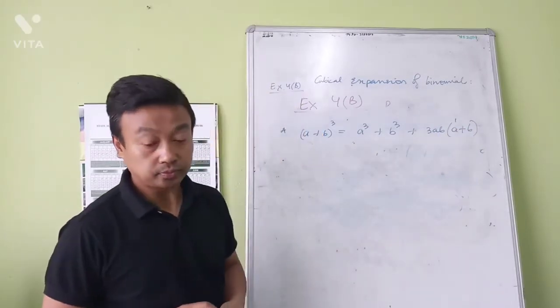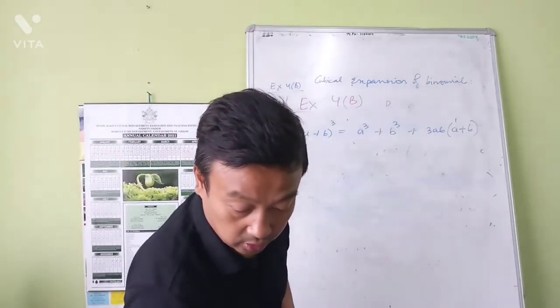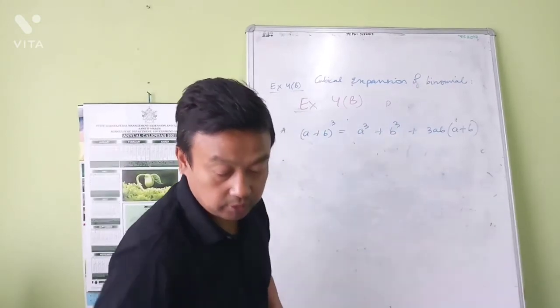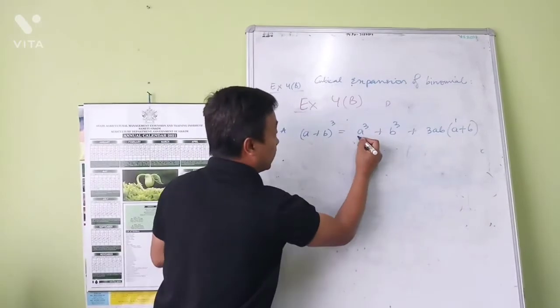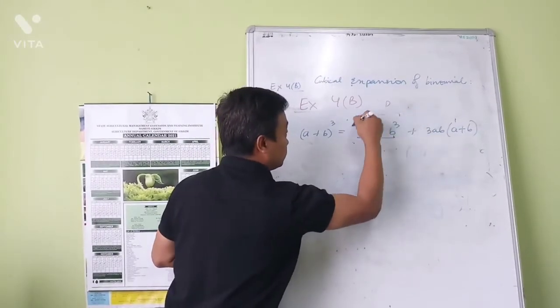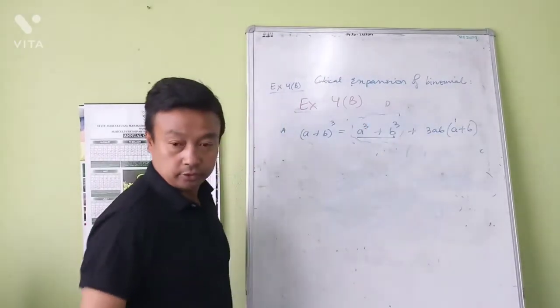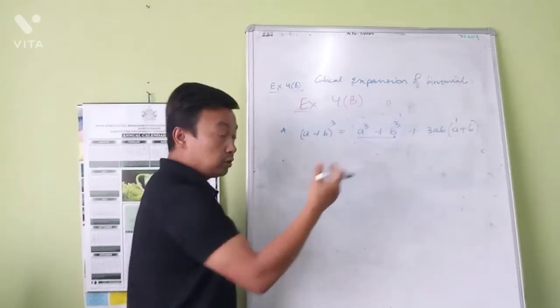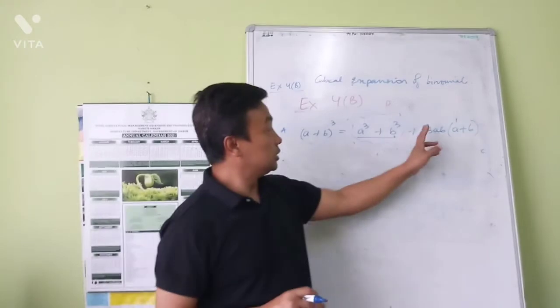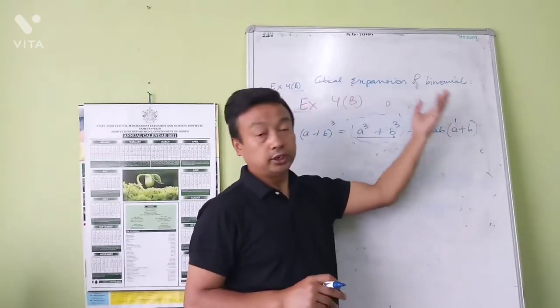Alright. So now here what we get from this formula is, let us try to find the formula of a cube plus b cube. You don't have to do anything here. Simply this whole term you take to the other side.